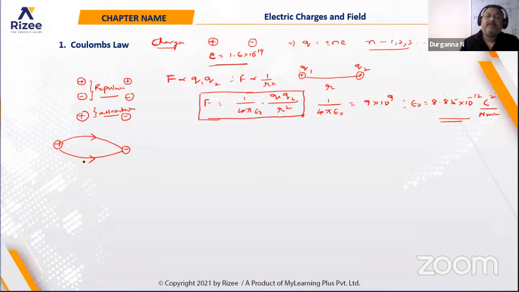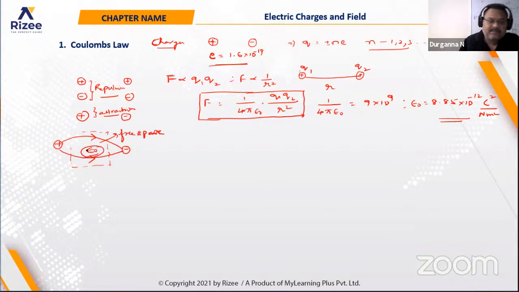So the starting point is the positive charge and the termination point is the negative charge. If the medium in which they are passing is free space, then epsilon naught is the value for that.